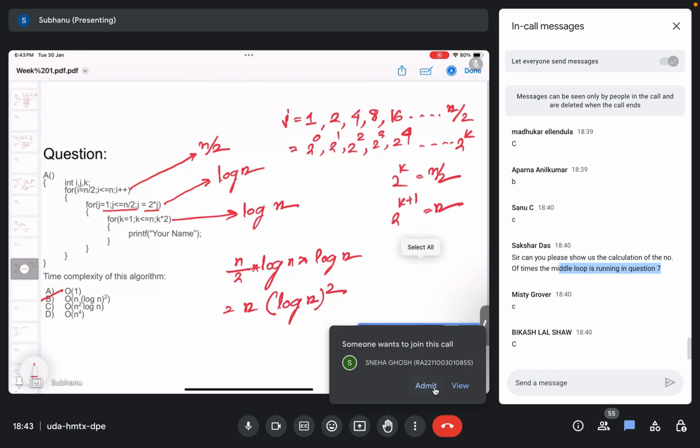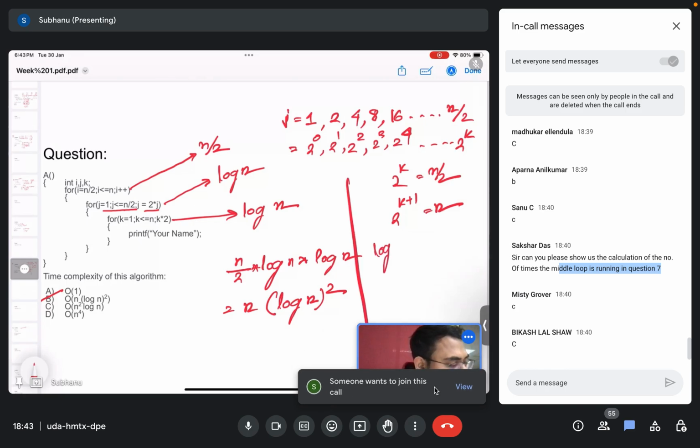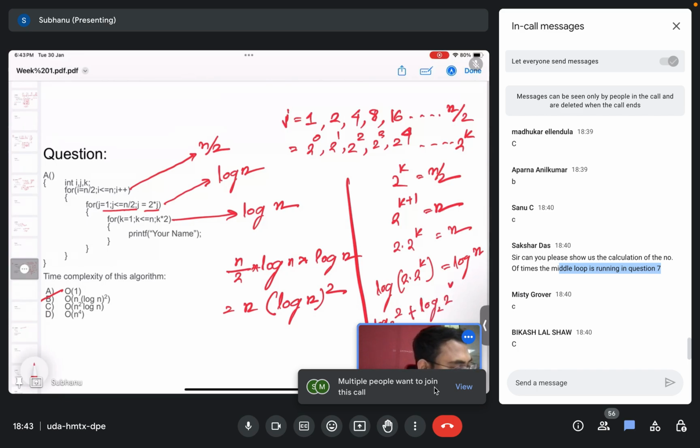You can also write it like this: 2 into 2 to the power k is equal to n. Okay, so if you apply log, that will be log of 2 into 2 to the power k is equal to log n. So you apply log base 2, that will be log 2 to base 2 plus log 2 to the power k is equal to log n.